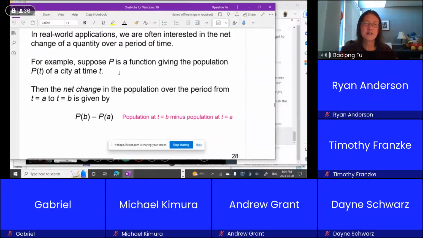For example, P is a function giving the population at time t. So we want to know the net change in population over the period from time A to time B. So we use P(B) minus P(A). So P is the function of the population.